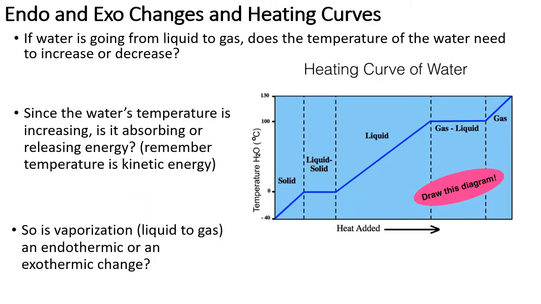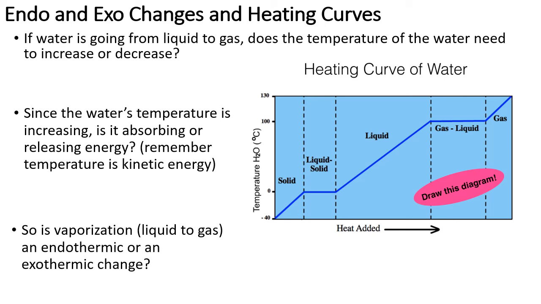And so how do we apply this to our heating curve? Well, I'm going to ask you things like when ice melts, when water boils, is it an endo or an exothermic change? And the way you can figure it out is read through these 3 bullets and think through them.